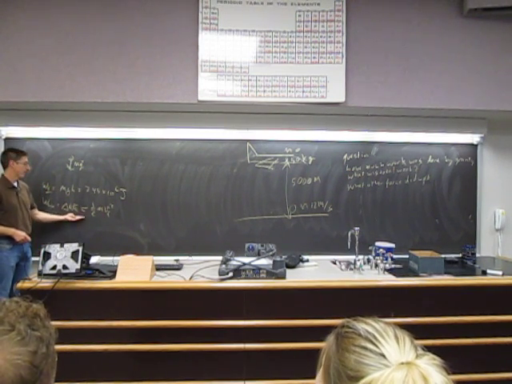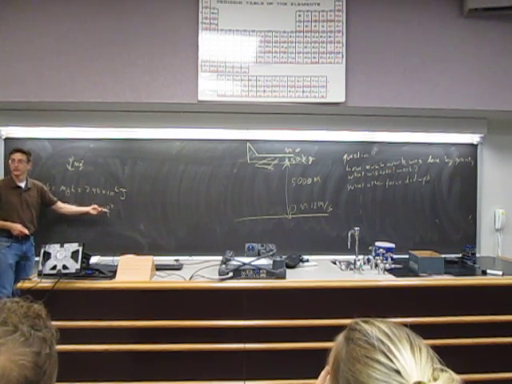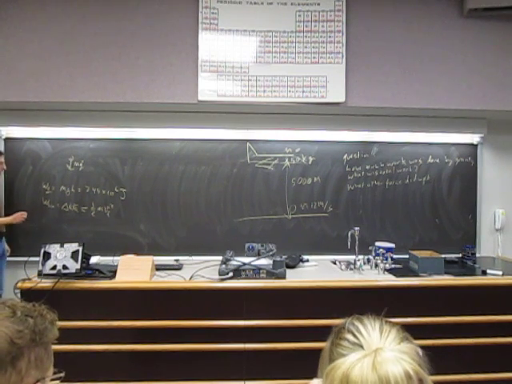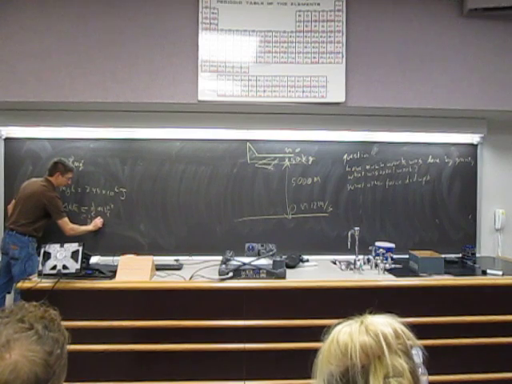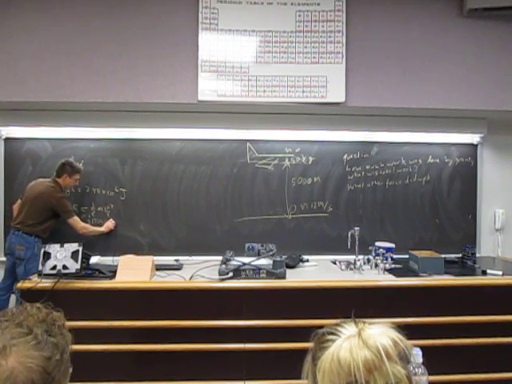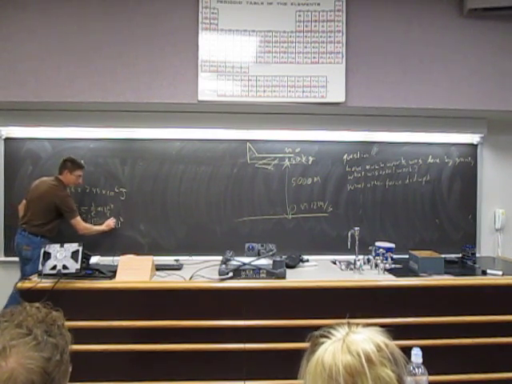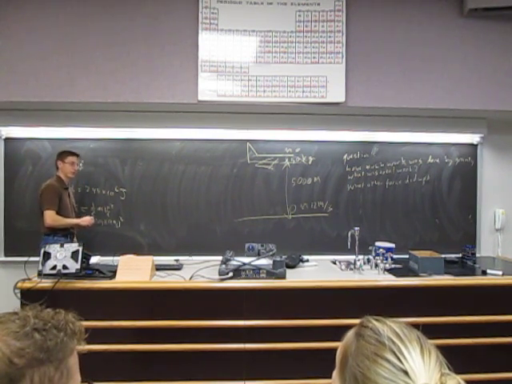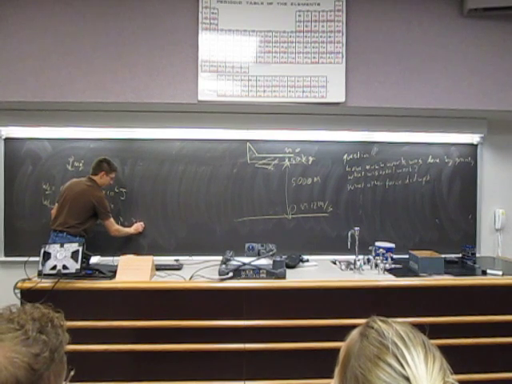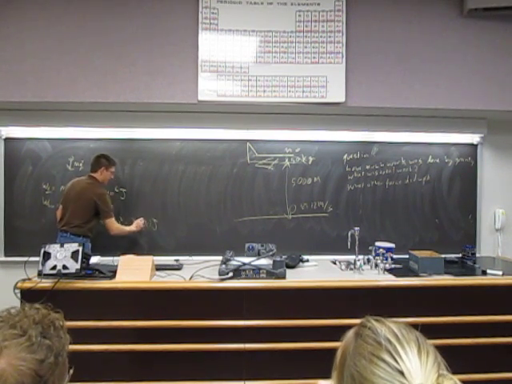That's the change in kinetic energy, so I'm just going to leave the 0 off. If I plug in numbers, 1/2 times 50 kilograms times 12 meters per second squared, I end up with 3,600 joules.